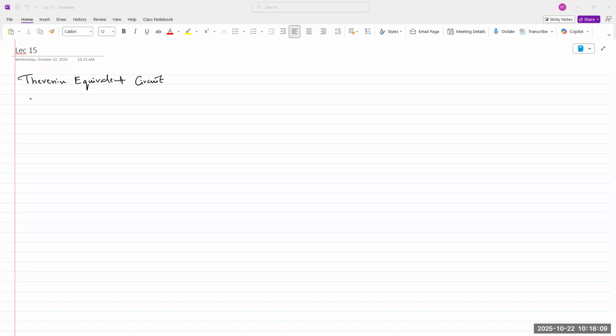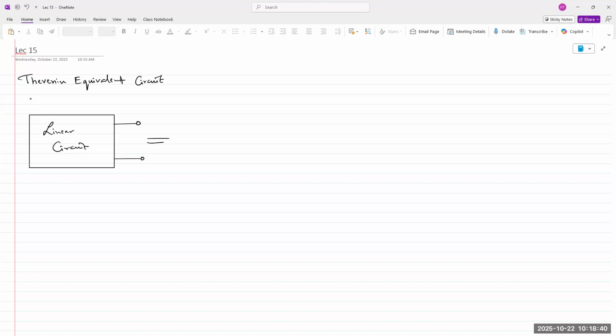He postulated a theory about linear circuits, saying that if you had a large circuit comprised of hundreds of thousands of components, but only linear sources and linear elements like resistors, and if you took any two analysis terminals, you could represent that entire circuit as one single voltage source, hundreds or thousands or more, in series with a resistance.